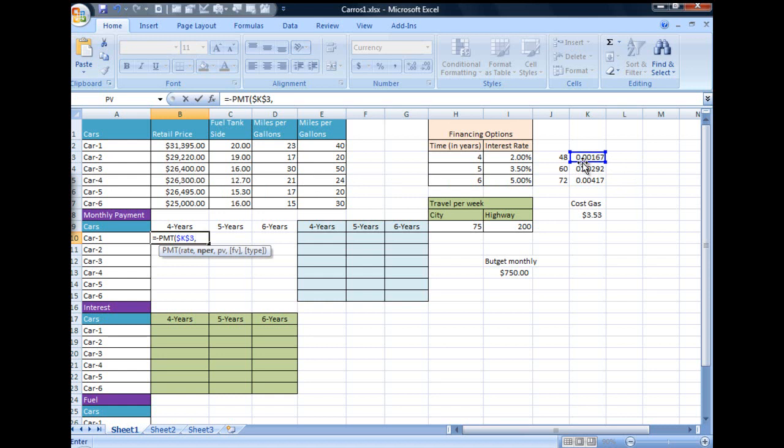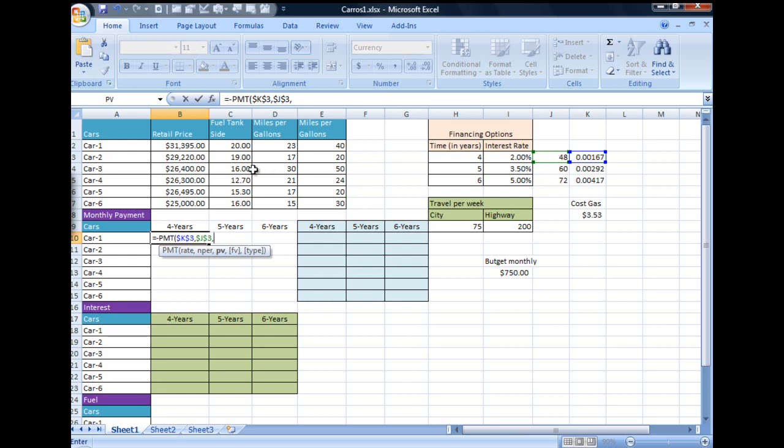After, the number of years. The number of periods is J3, because 48 months, because it's 4 years, 48 payments. Again absolute reference $, comma, B2.